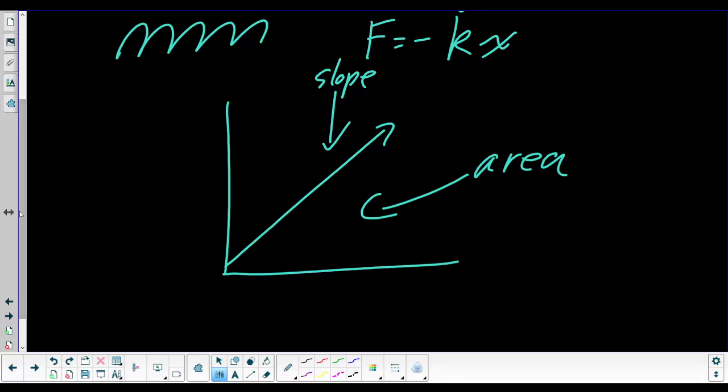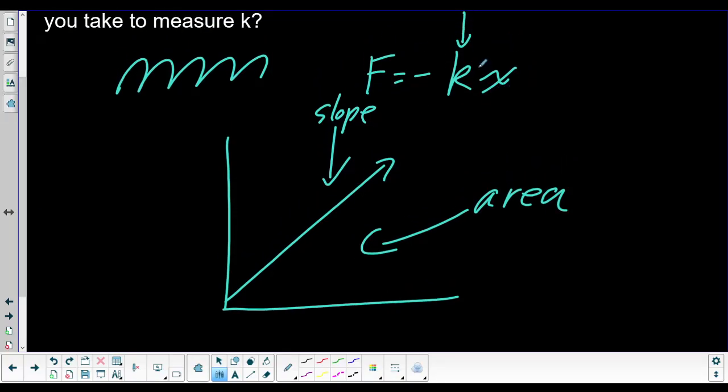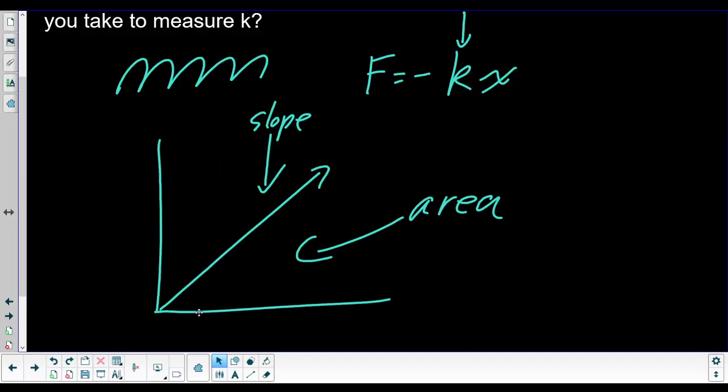So if we look at Hooke's law as a general equation, let's move all this stuff over. Okay. And let's change colors. Let's get pink. Okay.